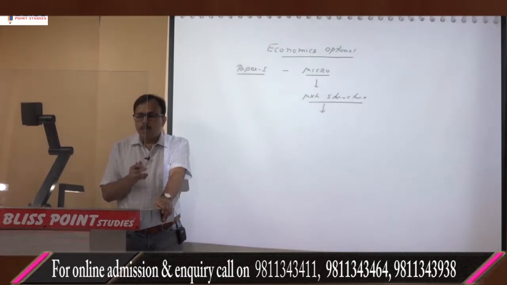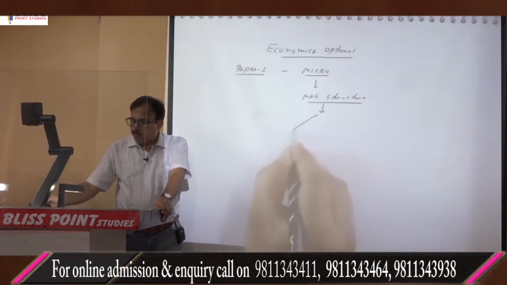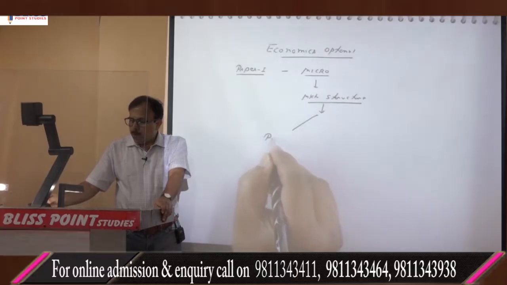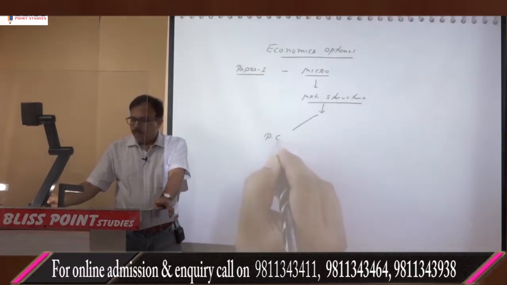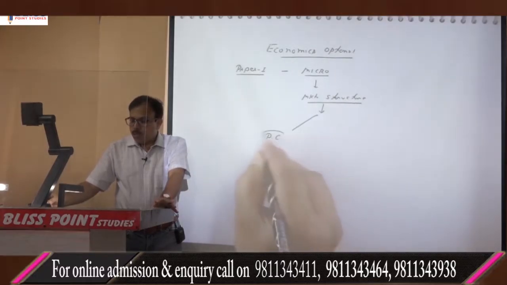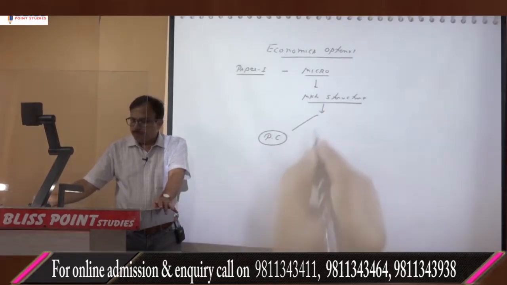A large number of sellers producing a differentiated product, then it will be monopolistic. So actually that classification of market here is based upon the number of sellers. So based upon the number of sellers, the market can be perfectly competitive if there are a large number of sellers producing a homogeneous product.